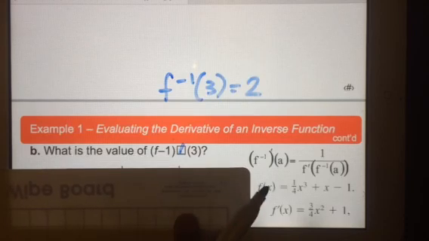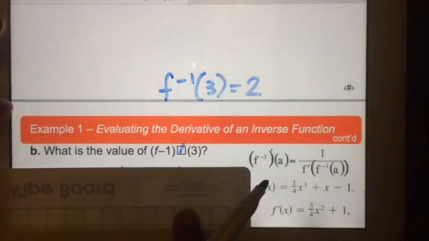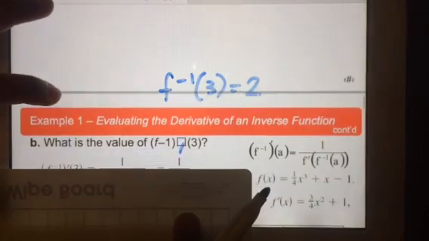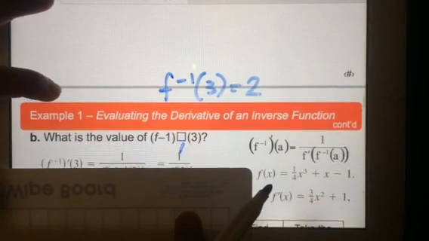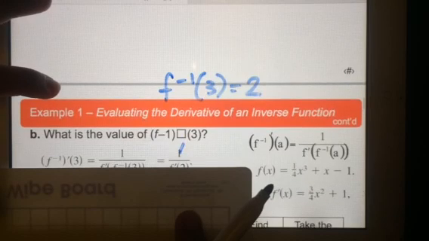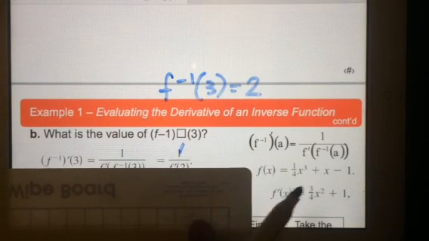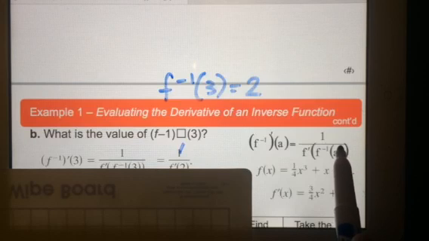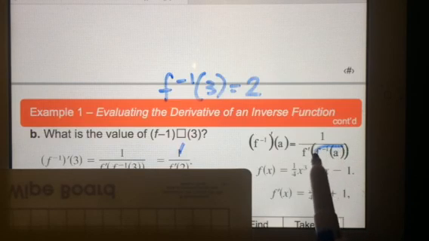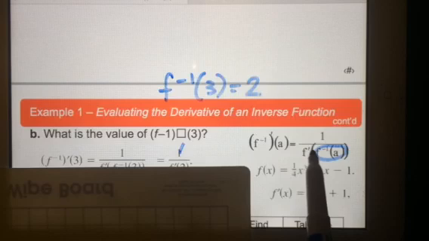So using the formula, what we need to do is find out what we need to plug in for f prime.